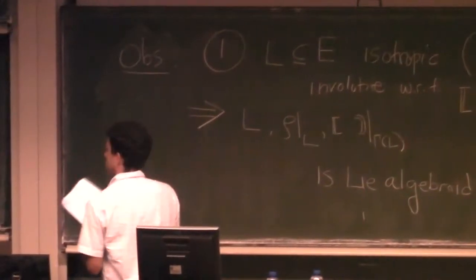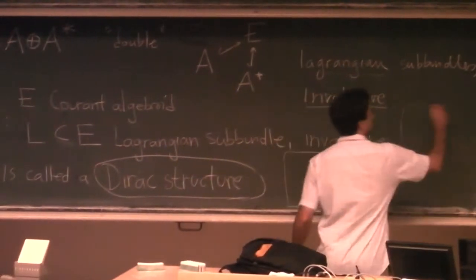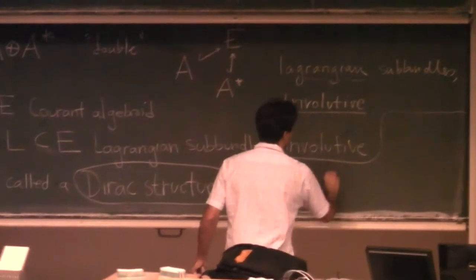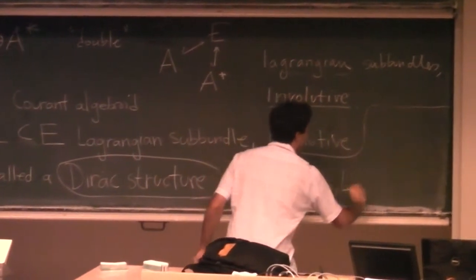Right. And then, given that, I can define now, in total analogy to what I had before, a Courant algebroid with a pair of Dirac structures which are transversal to each other.